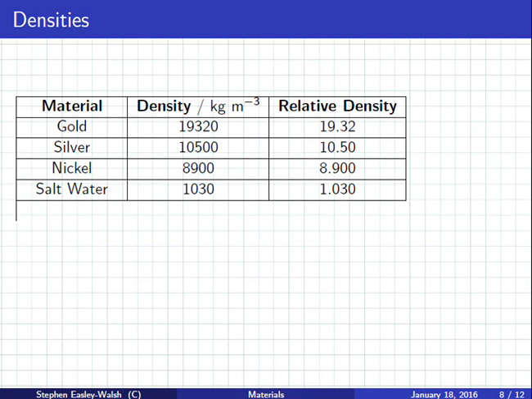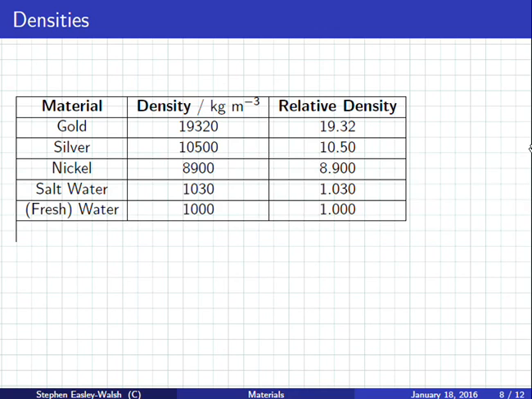And the density of water? 1,000. So you can see that with something like gold, I said 19 or 16? Was it 19,000 or 16,000? 19,000. Okay, so I should say 19 then. So the density of gold is 19 times more than that of water. So it's 19 times denser than water.